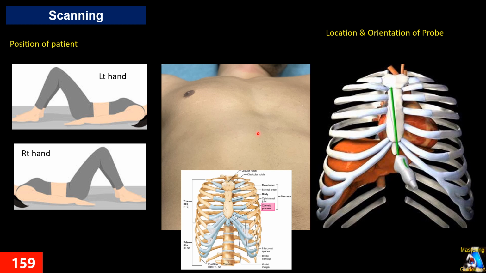Put your probe perpendicular to the skin, with the marker at almost 12 o'clock, and fan up a little, 10 to 20 or 30 degrees depending on the patient's body habitus. Then right away you can see one of those great vessels, the IVC or aorta.